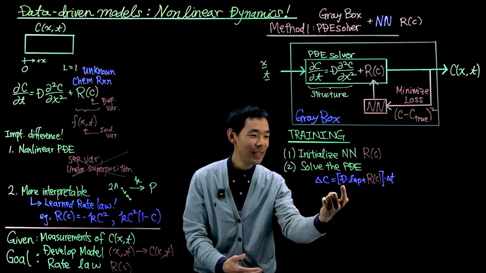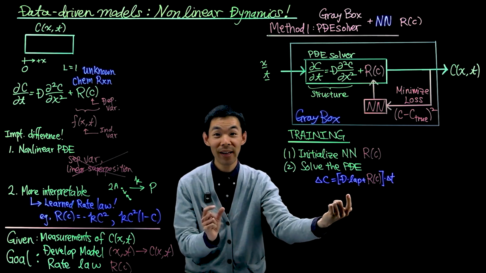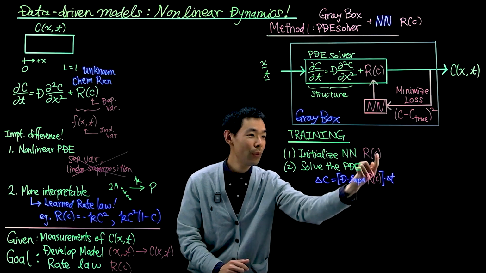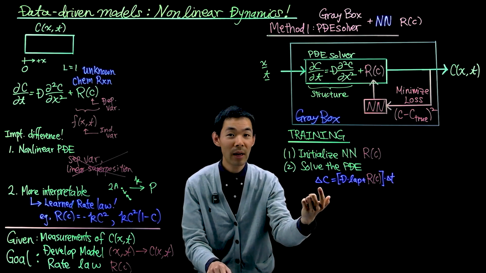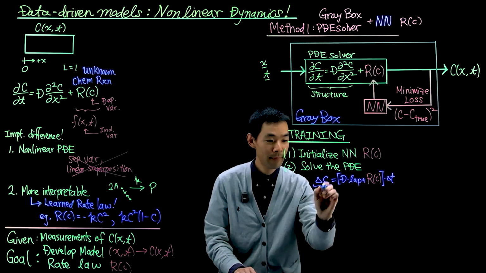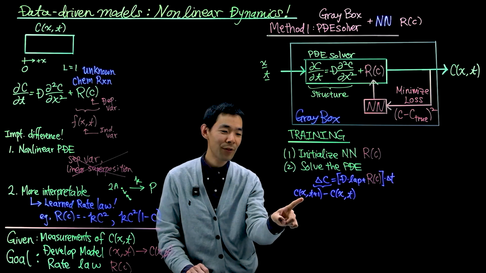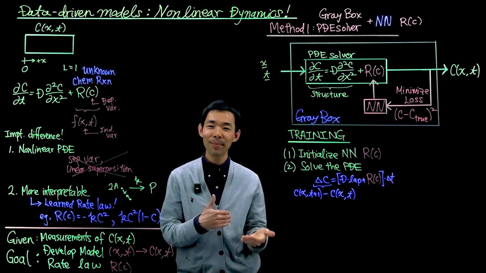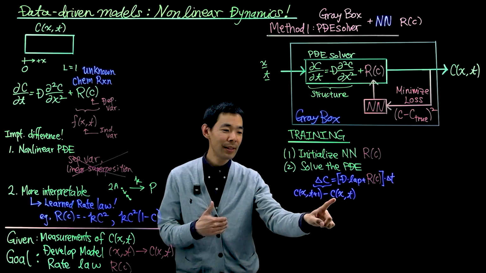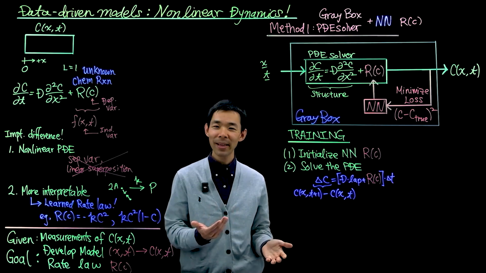And now we have D, the Laplacian, which we've numerically evaluated using finite differencing, and then R of c, which we have from the neural network. Now, of course, this delta c looks like the following. So delta c is simply the concentration for all x at t plus 1, so it's the next time step, minus the concentration at the current time step of t. That kind of makes sense, right?